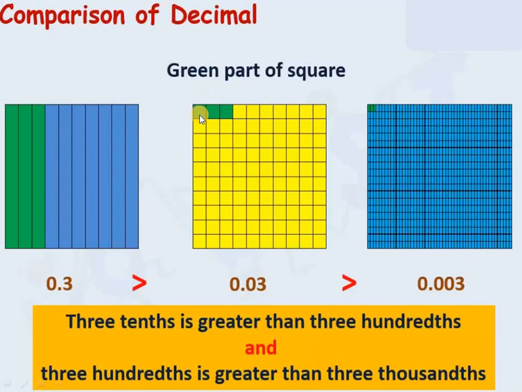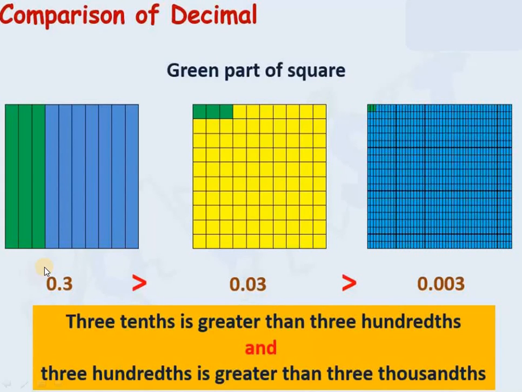Then you color 3 parts: 1, 2, 3. Similarly for thousandths, you color with green color 1, 2, 3, three parts.